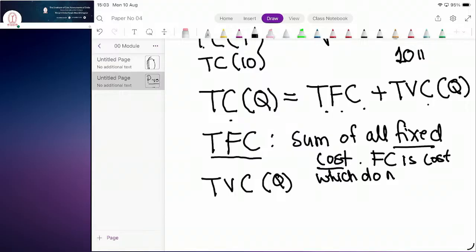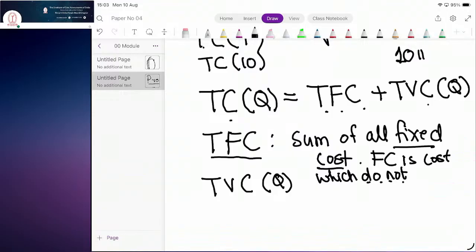And remember, this is not just for foundation. When you go into intermediate level, you will learn a costing technique called marginal costing. It's entirely based on this distinction between total fixed cost and total variable cost. So sum of all fixed cost.